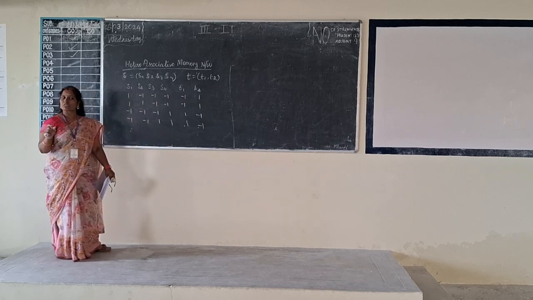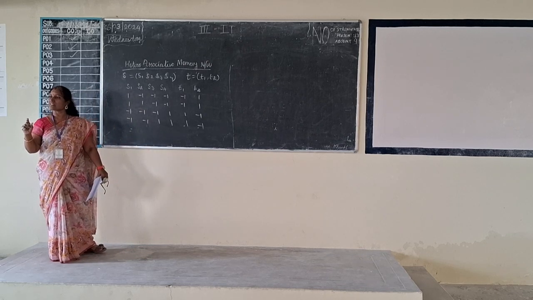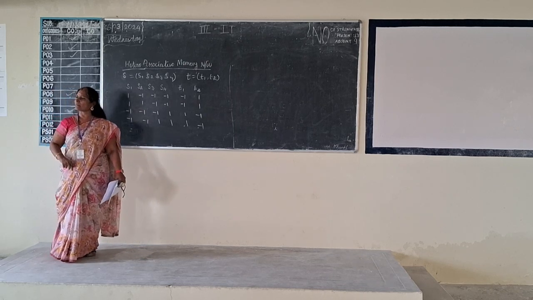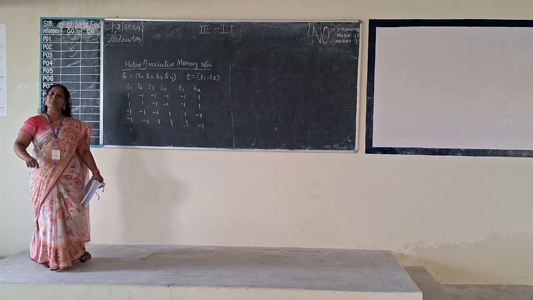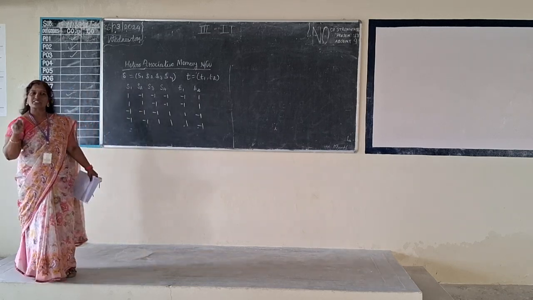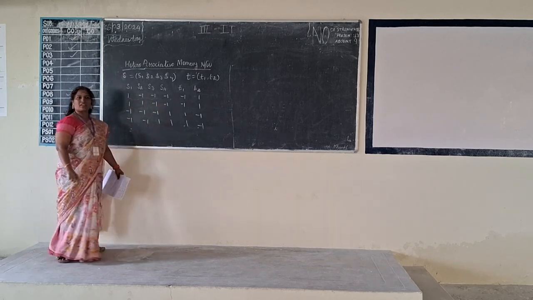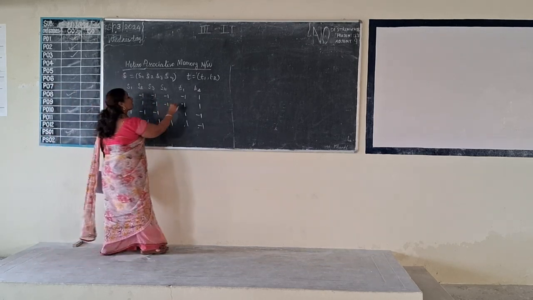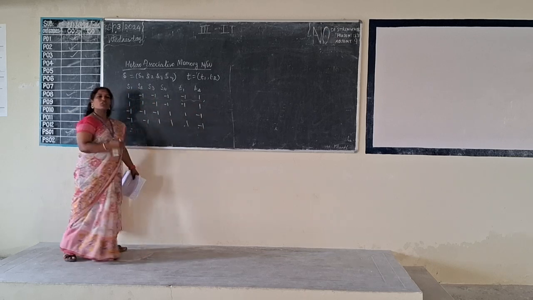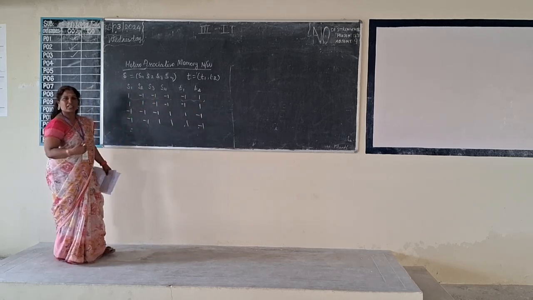Whereas in hetero-associative, input and output size may vary. Sometimes it may be equal, not always, but sometimes there will be a change in size. Similarly, there are 4 vectors in input, whereas only 2 in output.